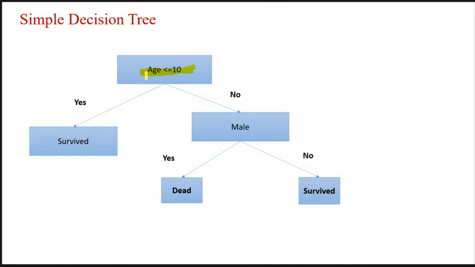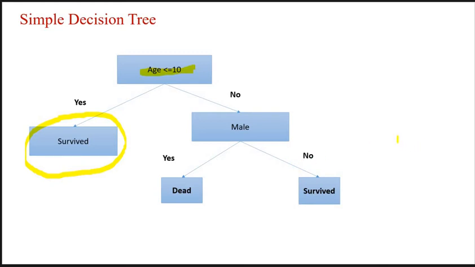If the age is less than or equal to 10, assuming that every child survived and every female survived, it's a child, survived. If no, the next question is whether it's a male or not. If the passenger is a male, then the passenger died, and if the passenger is a female, the passenger survived. So just a simple toy model.